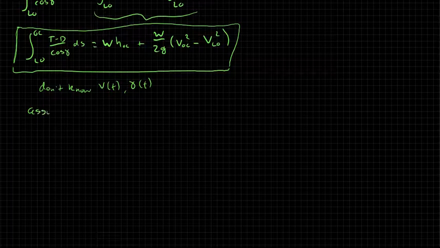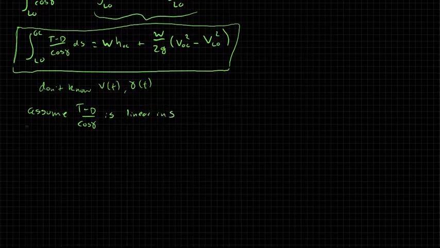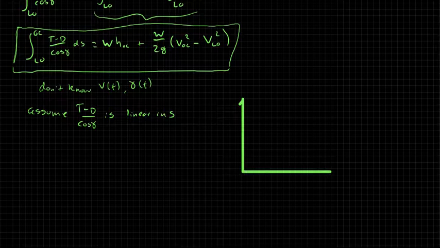Okay, so we're going to assume that T minus D over cos gamma is linear in s. So what that means then is that on a plot, as a function of s, and this is T minus D over cos gamma, it's going to change something like this.